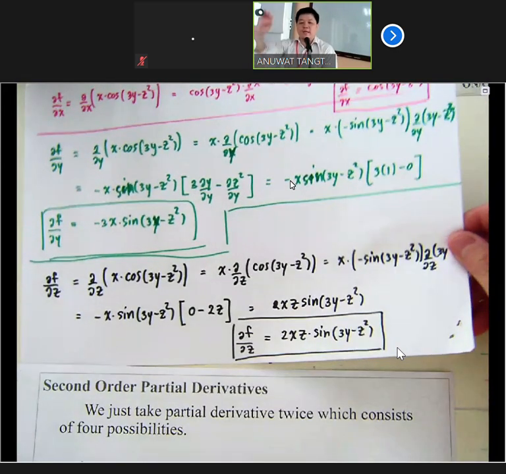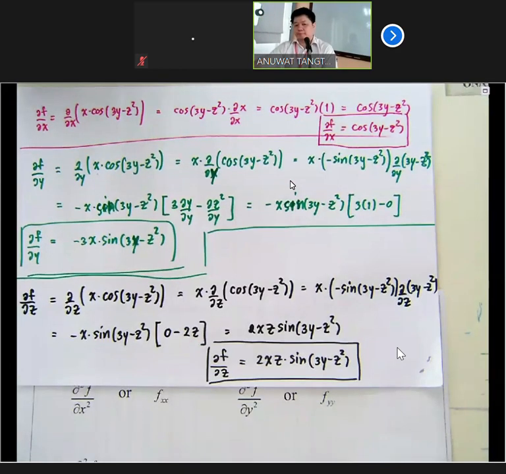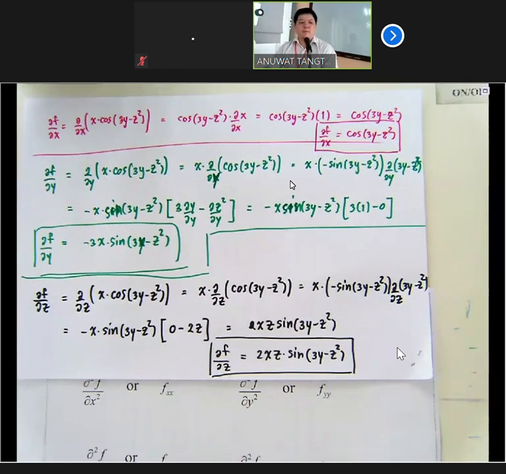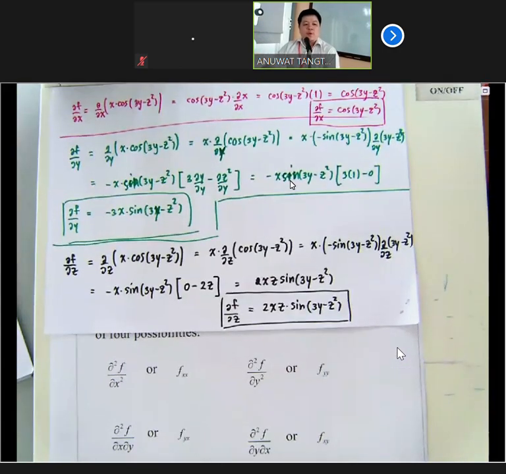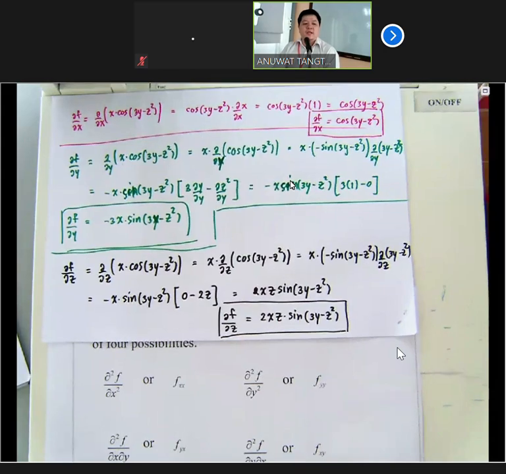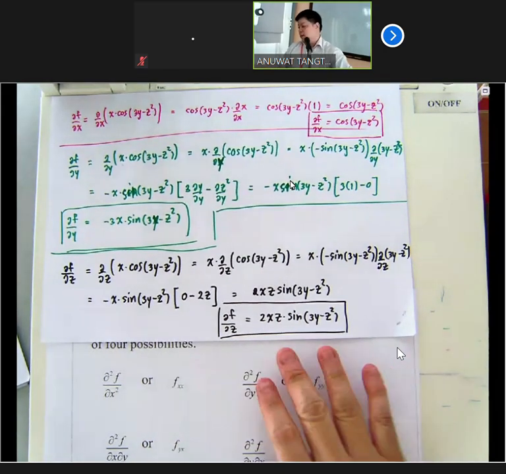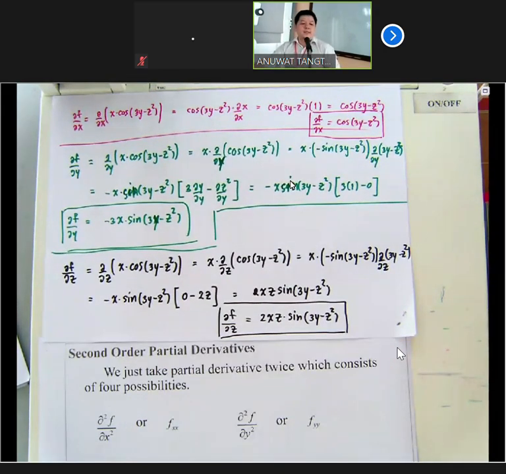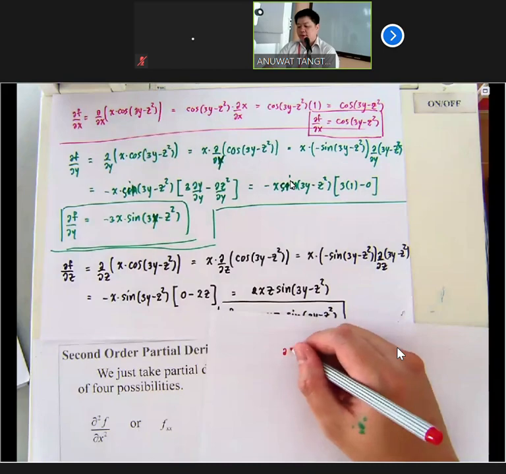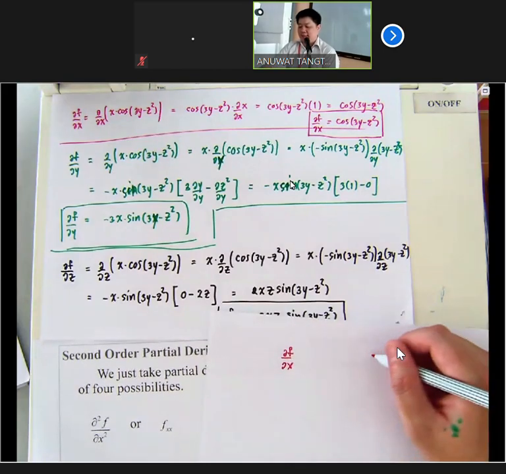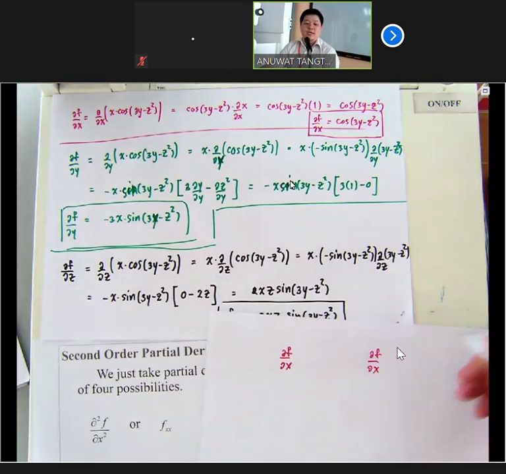When we do the partial derivative, we can do the second order partial derivative in the same way. But since in the case of a function of two variables, there are two first order derivatives, df by dx and df by dy, right?